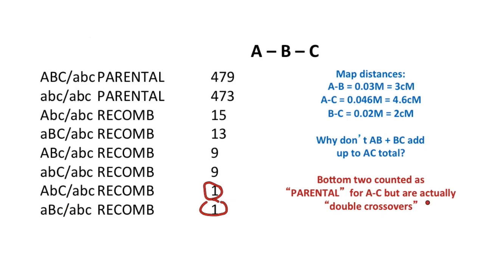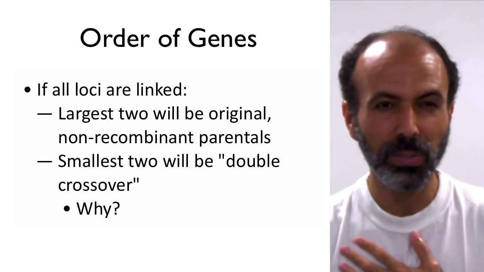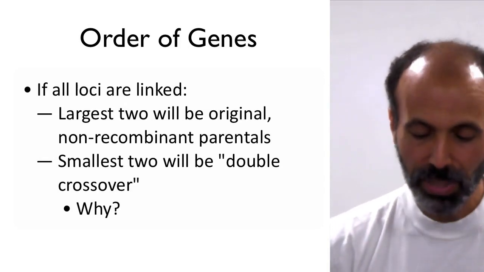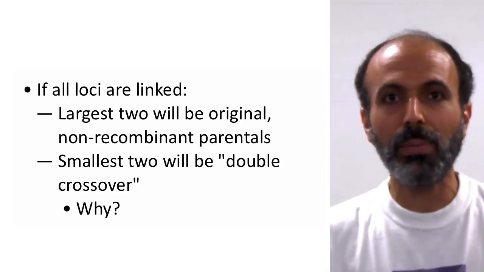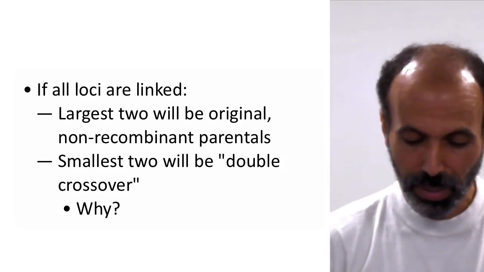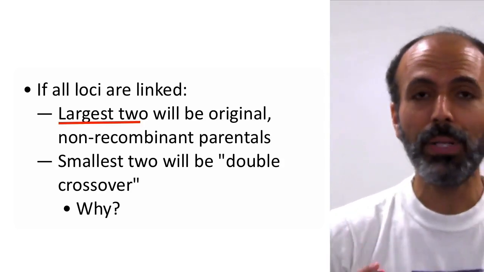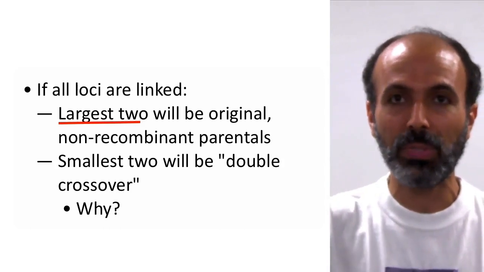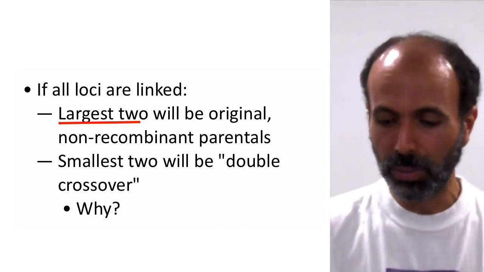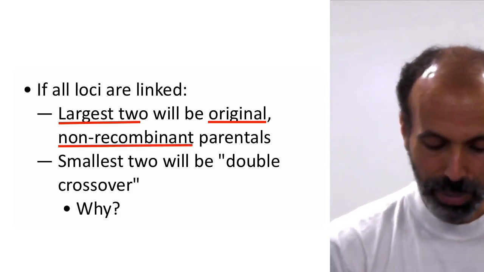We'll come back to this in just a second, but first let me emphasize a different point. When you're trying to figure out the linear order of genes, there's a few tricks you can use. First, if all the loci are linked at some level, and I don't mean completely linked, but I mean that they're on, for example, the same chromosome and reasonably close together, the largest two, the combinations which are the most abundant, so that's just what we saw last time with capital A, capital B, capital C, lowercase a, lowercase b, lowercase c, those will always be the original non-recombinant parentals.